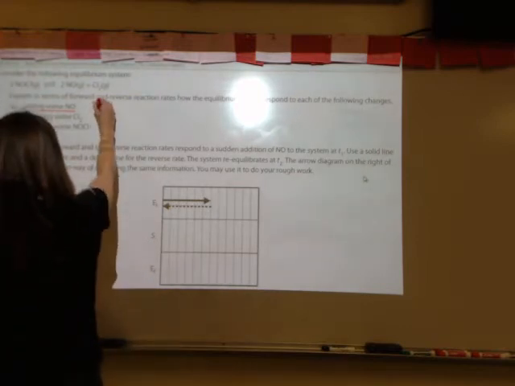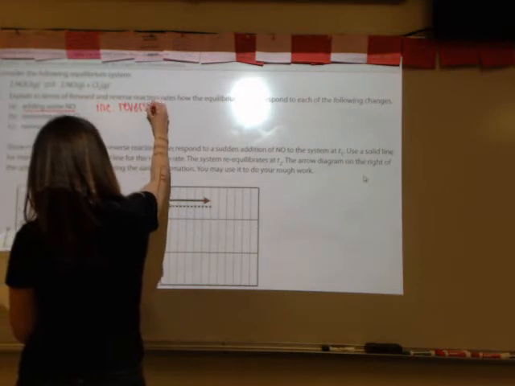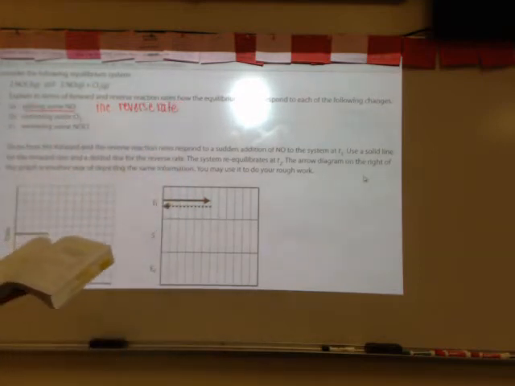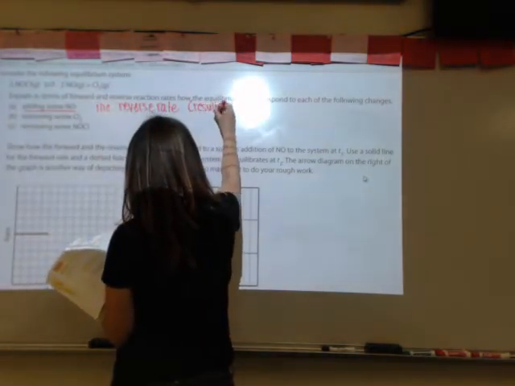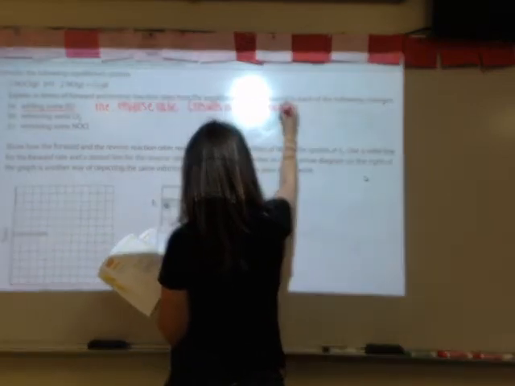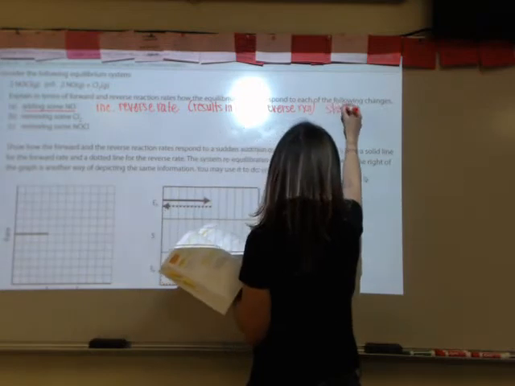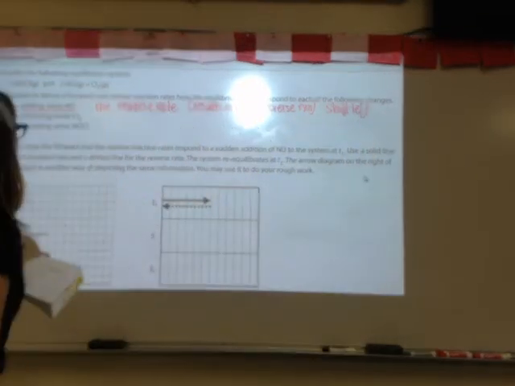So that means there's going to be an increase in the reverse rate, which is going to result in a net reverse reaction, and that is why we shift to the left.